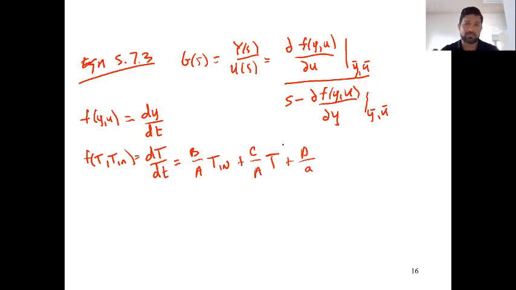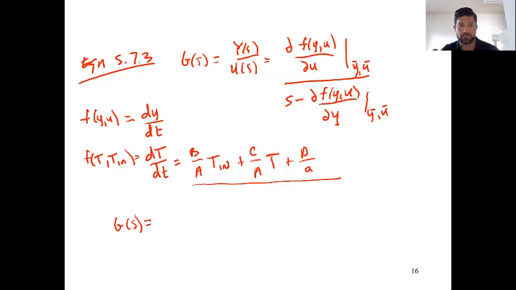All right, now once we get here, I know people don't like it when I say pretty easy, but what you'll see is this actually is pretty easy. So take the partial of this function. The partial of the function with respect to the input, which is Tn, gives G of s.